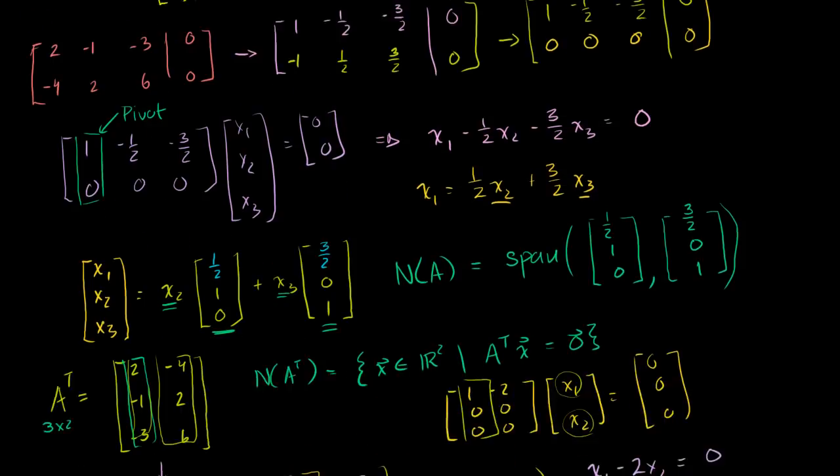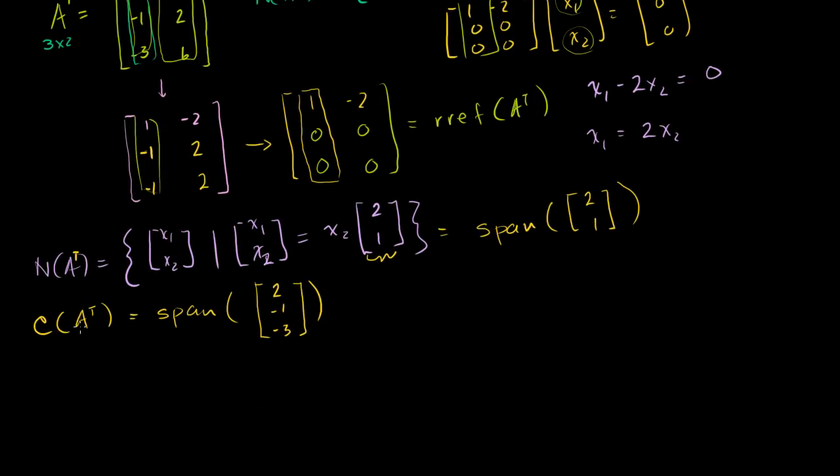So let me write that down. The column space of A transpose, and this is just general. Let me write this generally. It doesn't just apply to this example. So the column space of the transpose of any matrix is called the row space of A. And it's a very natural name because if A has a bunch of rows, we could call them the transpose of some vector.